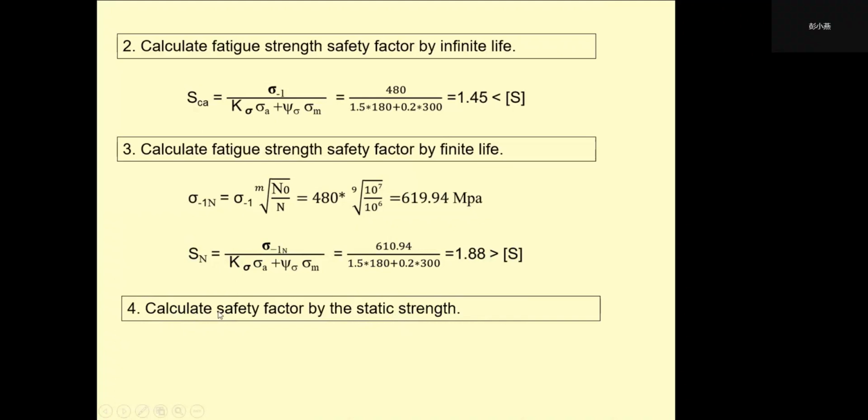Then calculate the safety factor for the static stress. For the static stress, we use this, and it's 1.67, which is larger than the allowable safety factor.